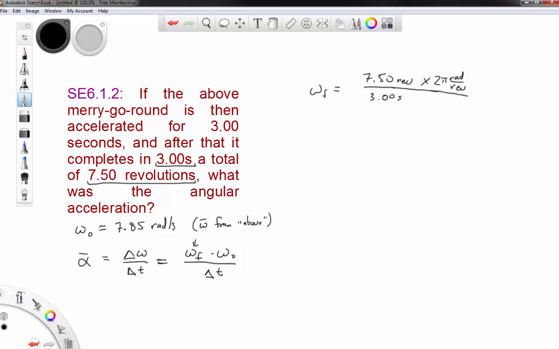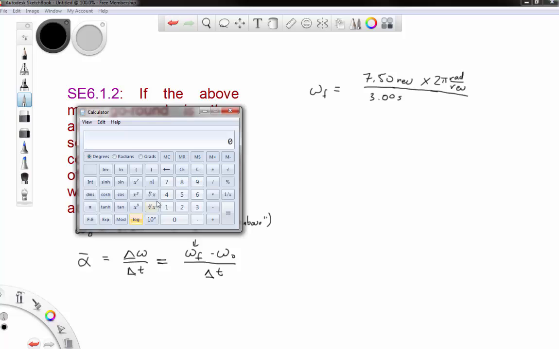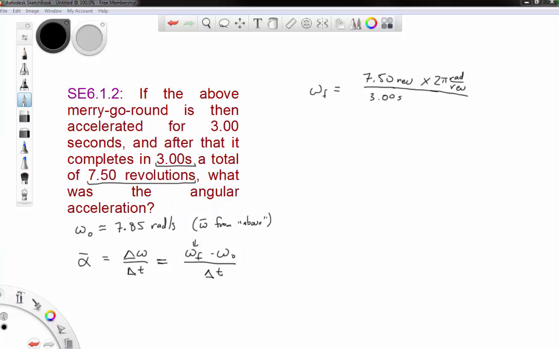If we do that, we get 7.5 times 2 pi divided by 3, and you get 15.71. So the final angular speed is about 15.71 radians per second.